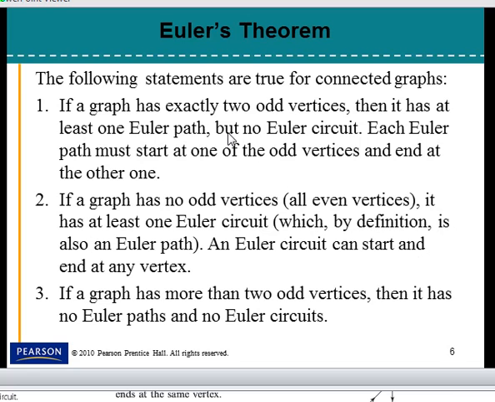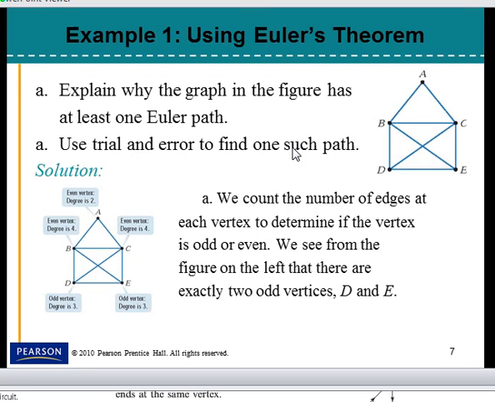So that's the reason that this graph has at least one Euler path. The reason is because the graph has exactly 2 odd vertices. And those 2 odd vertices are D and E.